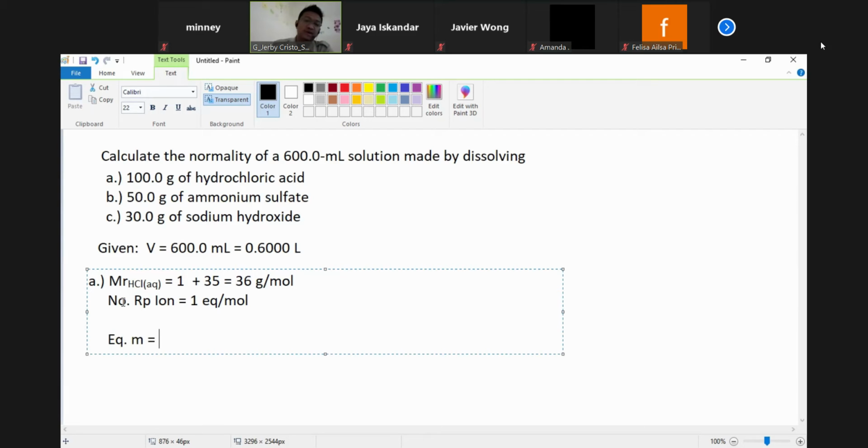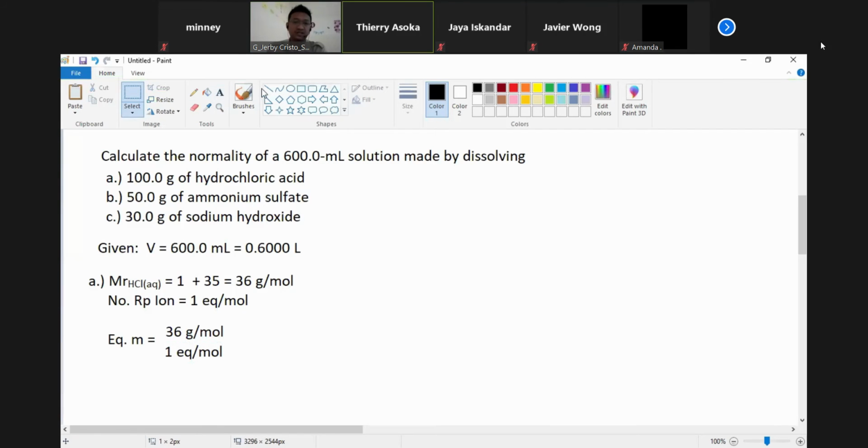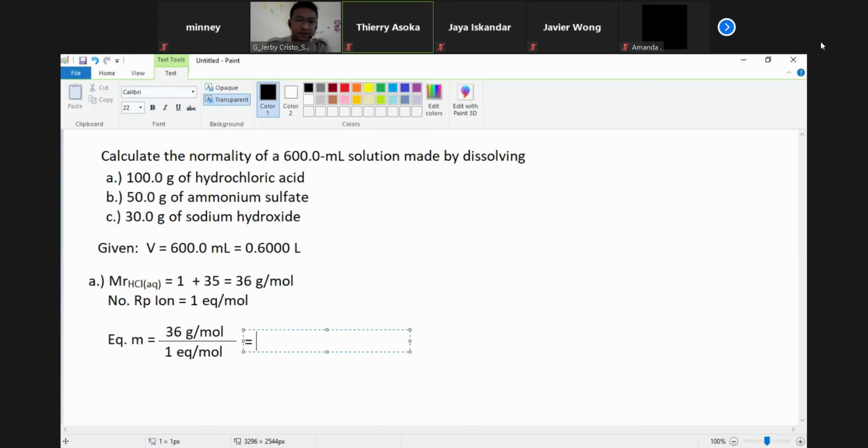Equivalent mass is the relative mass, which is 36 grams per mole, divided by the number of replaceable ion, and it is still 36, but the unit will be grams per EQ. So 36 grams per equivalent.